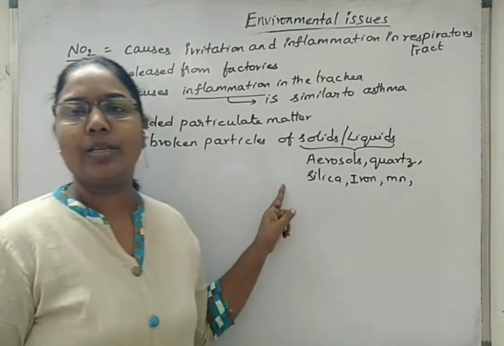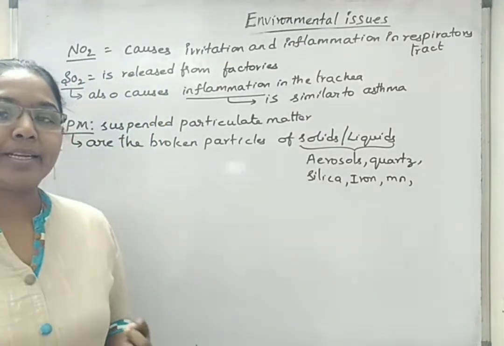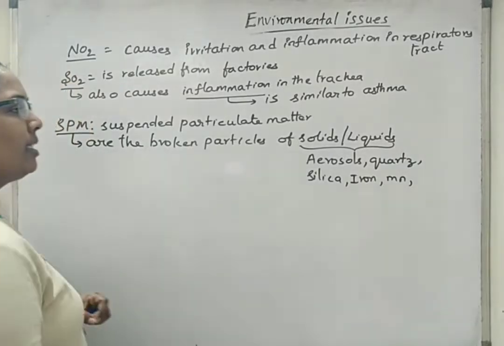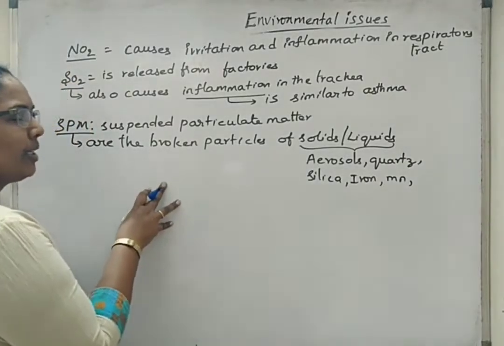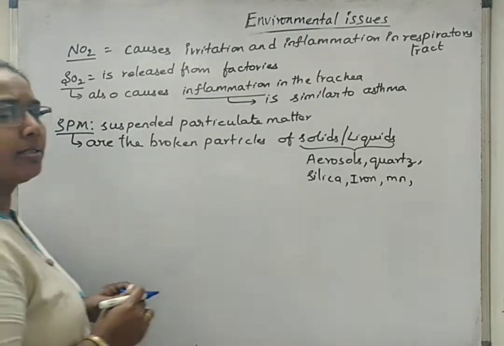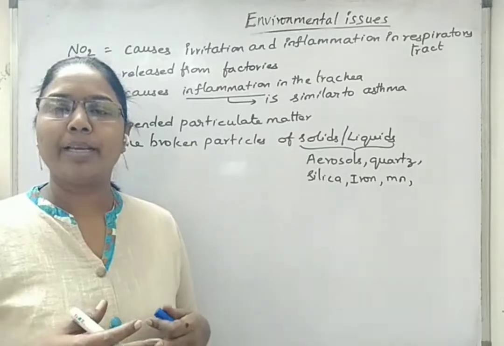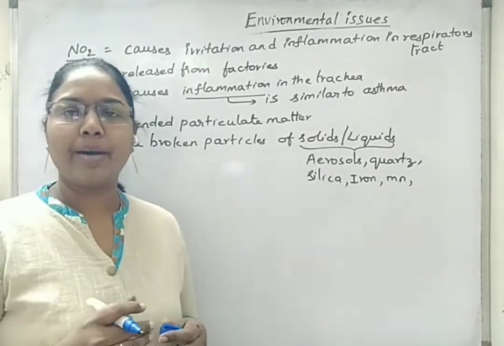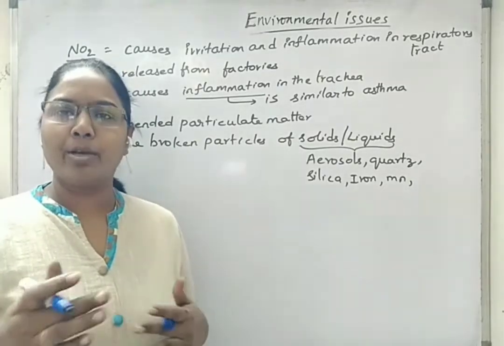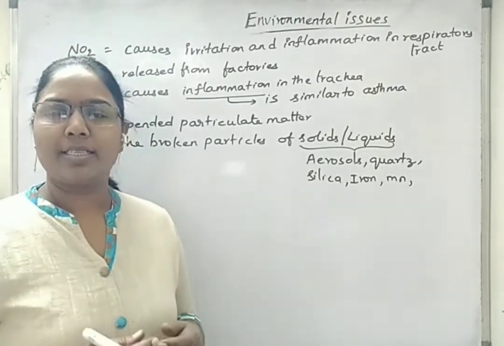Why have I written this one? There is a difference between particulate matter and suspended particulate matter. These are obtained by breakdown of solids or liquids. But particulate matters naturally exist, because if dust has come out, that is a particulate matter. That is not by breaking down of any large particles. Normally, because of the wind, soil will come into the atmosphere, that we call dust.